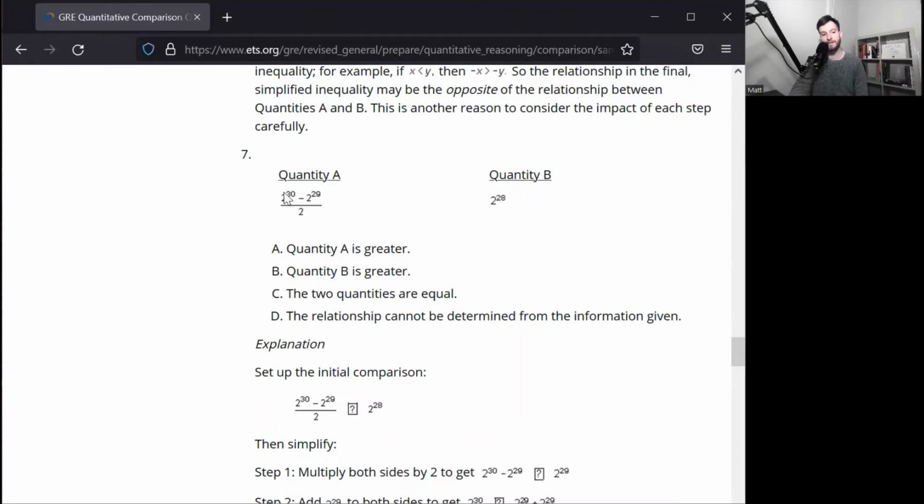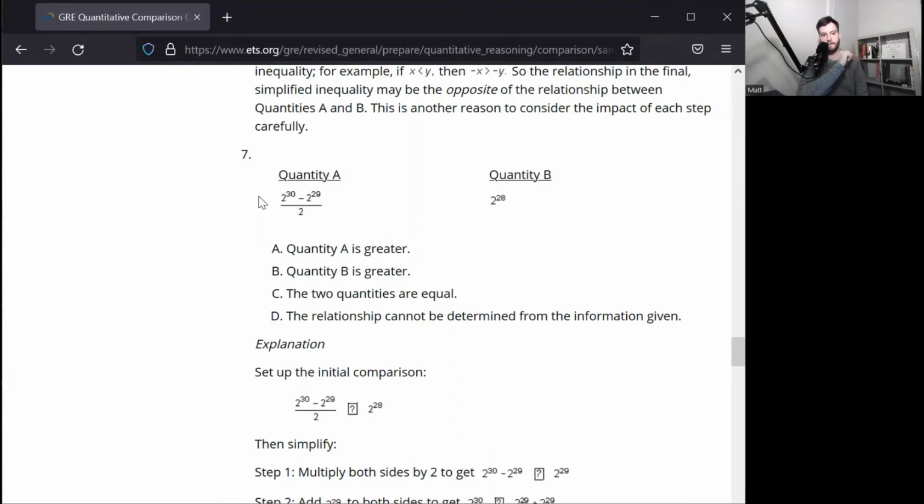If you extract one of the 2s, you could say that 2 to the 30 is equal to 2 to the 29 times 2. That's 30 2s in a row, but you're taking one of the 2s out of the exponent. So it's like 2 to the 1 times 2 to the 29.